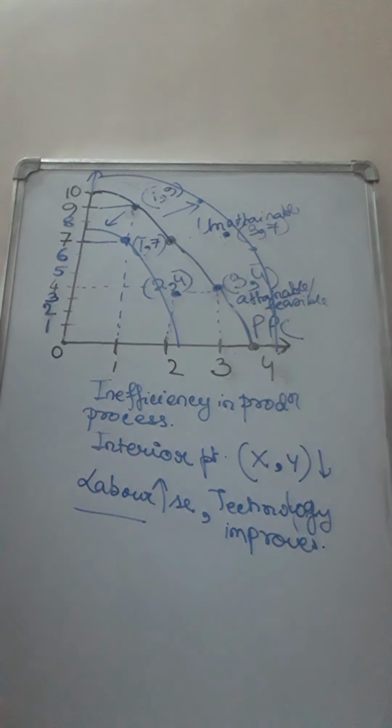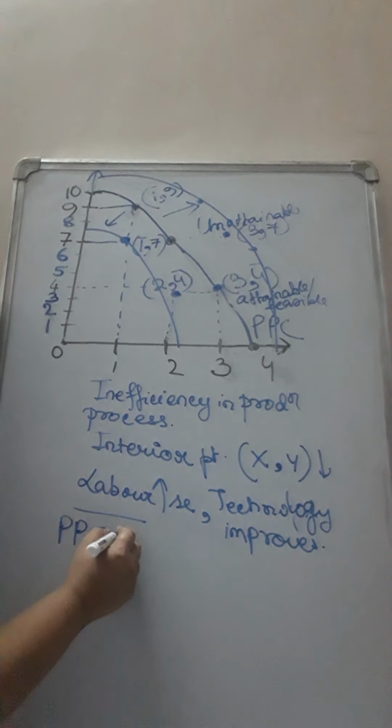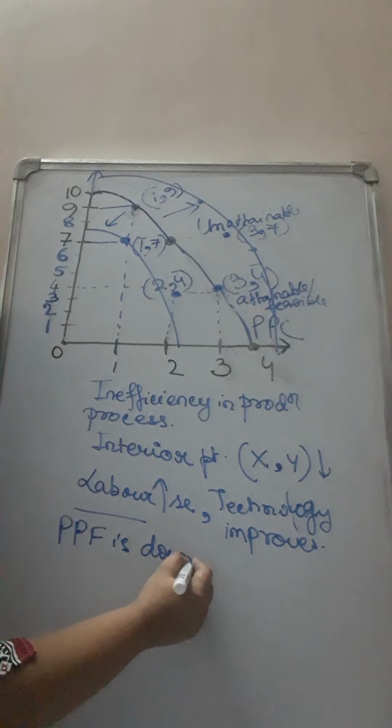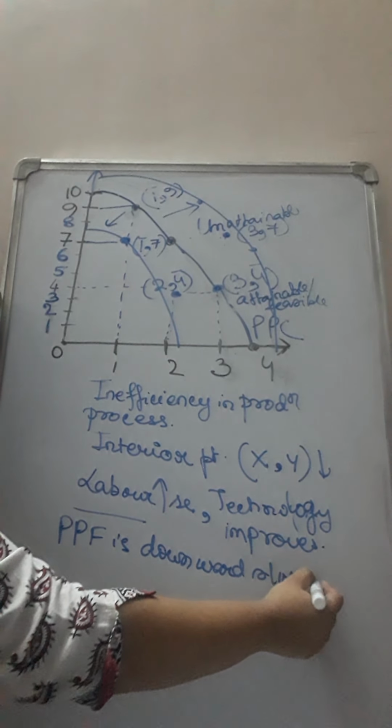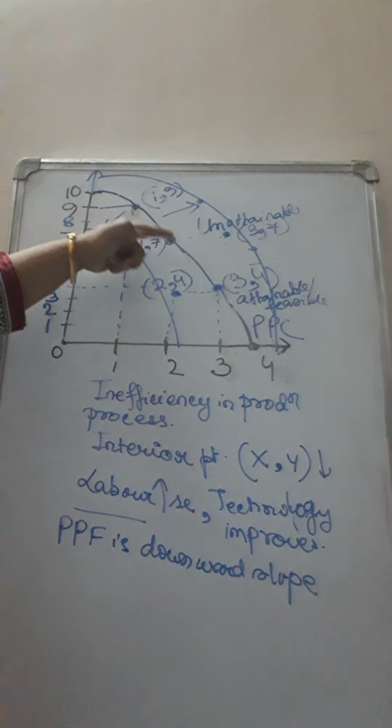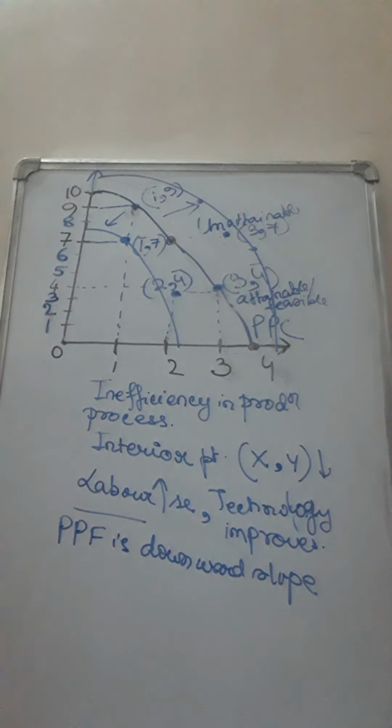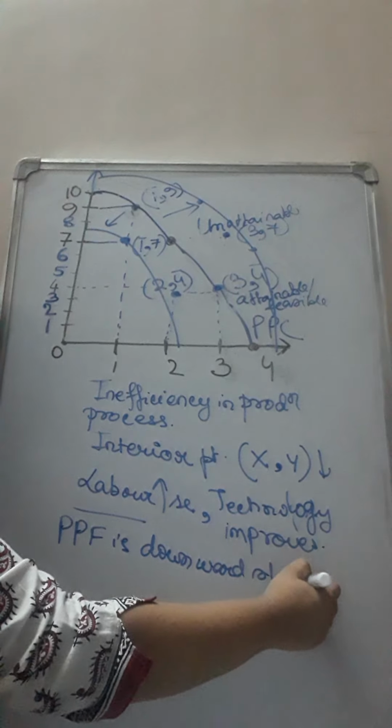Number 3, PPF is downward sloping. You can see that the PPF curve is downward sloping. Now why does this downward slope happen?